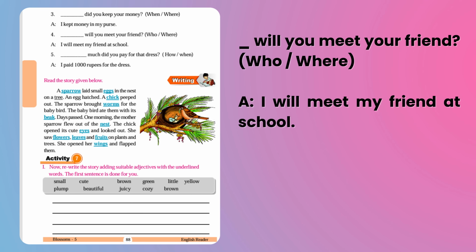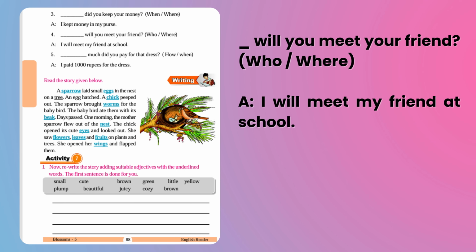Now the fourth question is, dash will you meet your friend? The two options given here, the two WH words are who and where. Answer is I will meet my friend at school. So if the answer is I will meet my friend at school, school is a place.